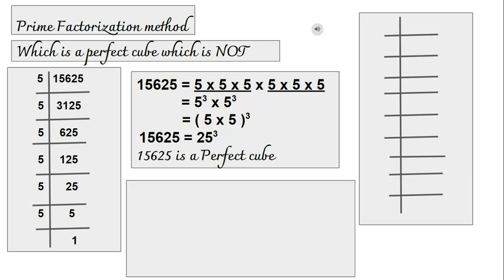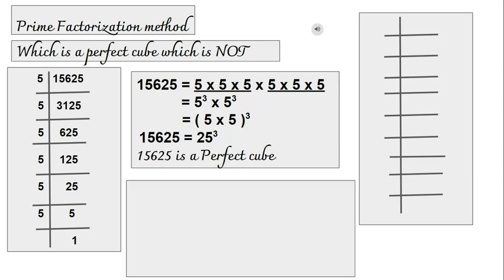Let's look at the next number, that is 8,000. We use the same prime factorization method.